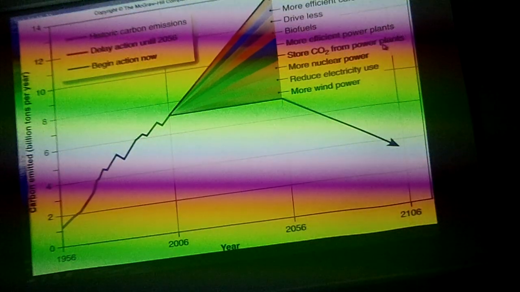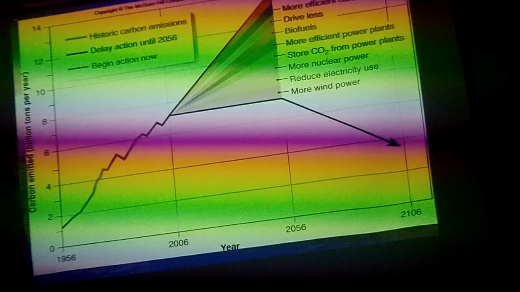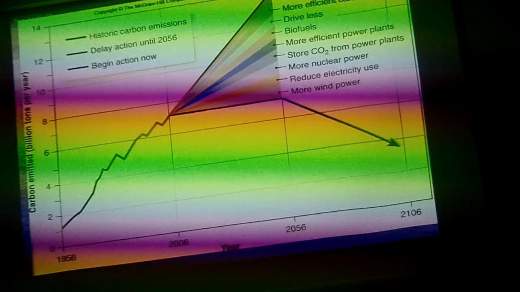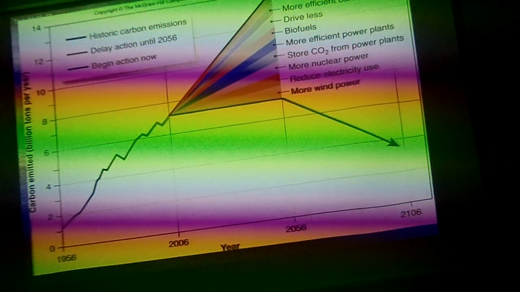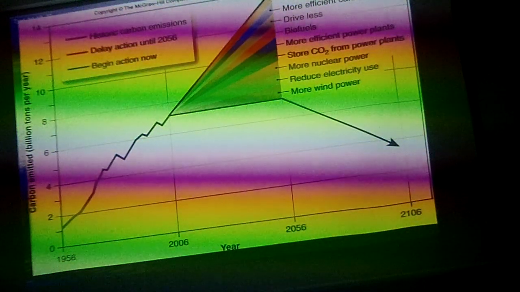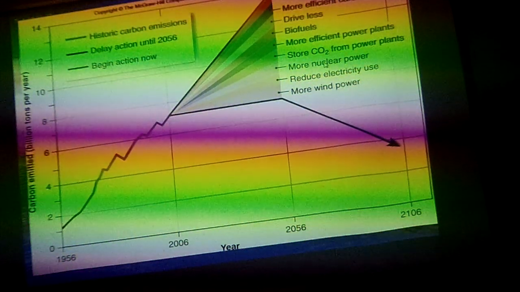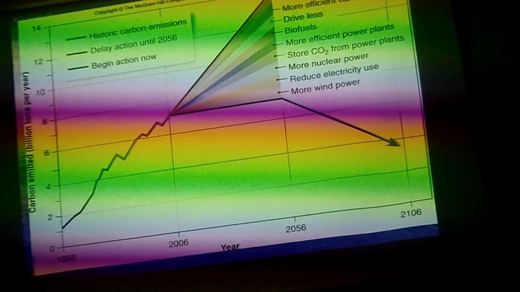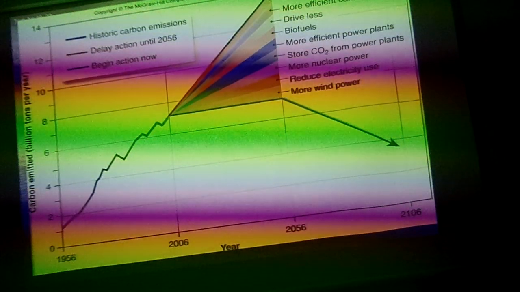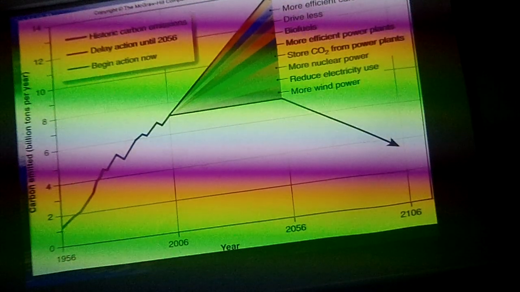More efficient power plants, we're definitely seeing that come around. Storing the CO2 from power plants. We have the ability right now, all the exhaust that comes out of a power plant, you can put filters on it that'll trap the CO2 and store it away so you don't release it to the atmosphere. We can do that now, it's just expensive. And so if they came to you and said, hey, we can store the CO2 and not contribute to global warming, but your electric bill is going to be $20 more per month, would you say yes or would you say no?